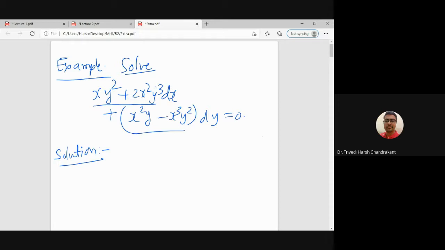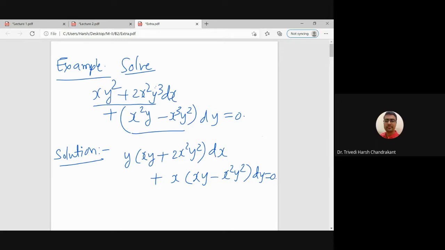So that means this differential equation is of the form y times (xy plus 2x square y square) dx plus x times (xy minus x square y) dy is equal to 0, right?